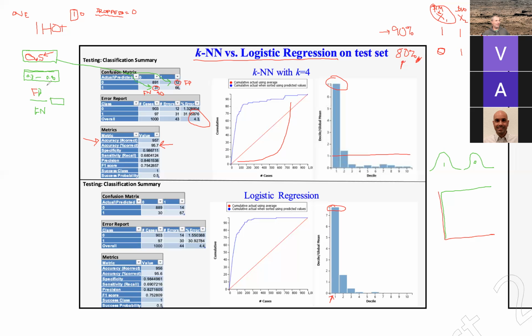Like, hey, it turns out when I did 0.65, my false positives were minimal. So that's the value you would use.